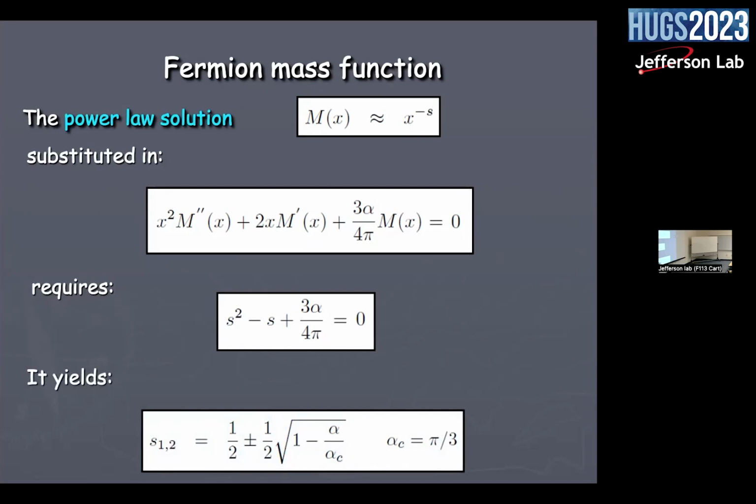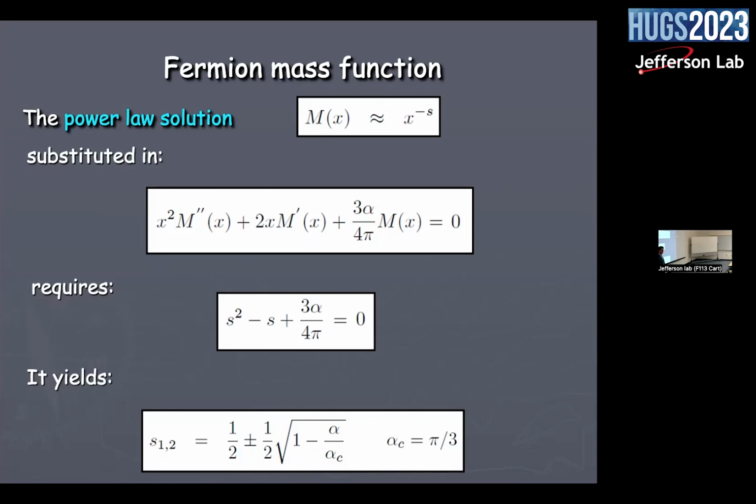Now you will see one thing: if alpha was equal to alpha c, one of the solutions is that this power disappears completely. Okay? But then if alpha was different from alpha c, then there will be a complex solution which will arise for alpha greater than alpha c.